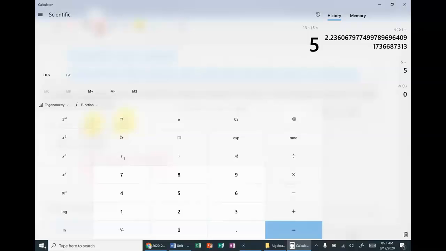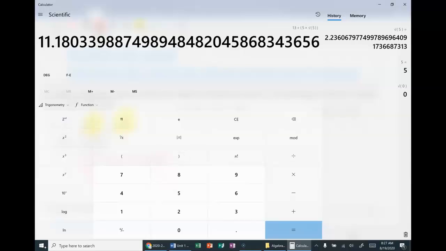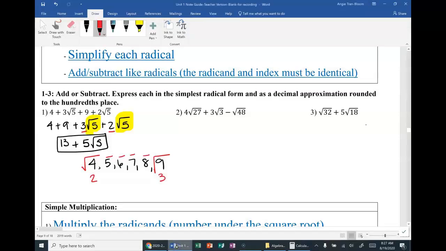Remember, my calculator wants me to enter 5 first, then the square root, and then close up that parentheses. Again, your calculator may be more advanced and you can enter things differently, but make sure we know how to use our own calculator. So the right answer is 24.18. I'm going to go back, enter that in, and box it up.